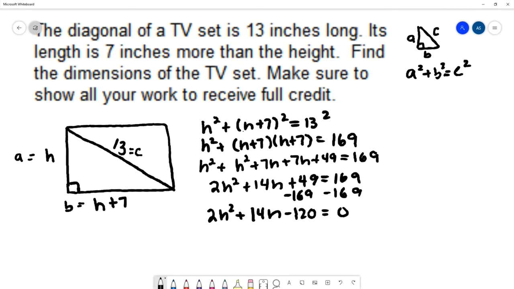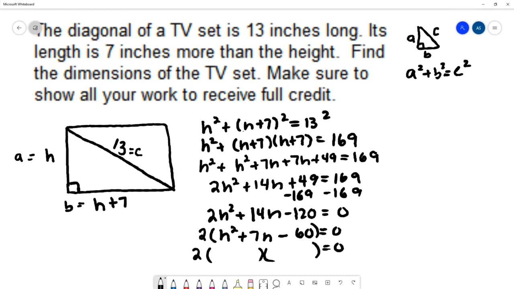So I notice that we have all even numbers, so we're going to factor out a 2. We have h squared plus 7h minus 60 equals 0. And now I want to try to factor this trinomial, h squared plus 7h minus 60.